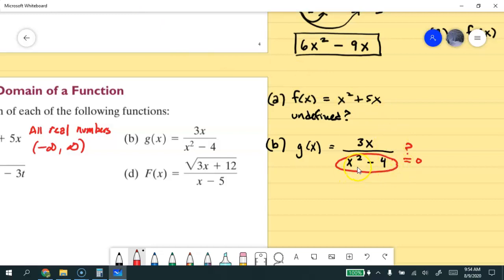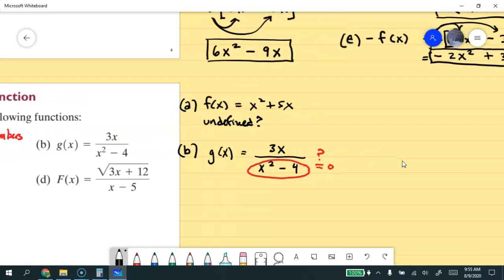But that doesn't mean 0 is not in the domain. Be careful, because if you plug a 0 in here, that's going to give you a perfectly good number. So you have to figure out what value of x is going to cause this denominator to become 0. For that, you have to run a little mini equation. You have to say to yourself, okay, if x squared minus 4 was equal to 0, then what would the value of x be?